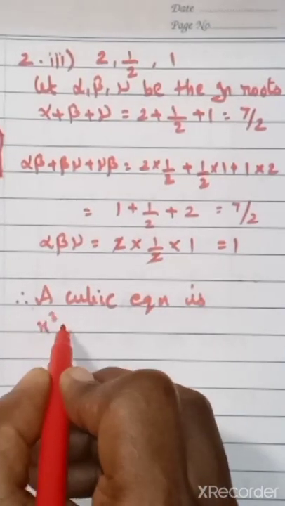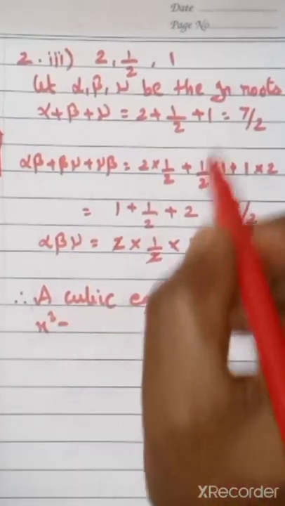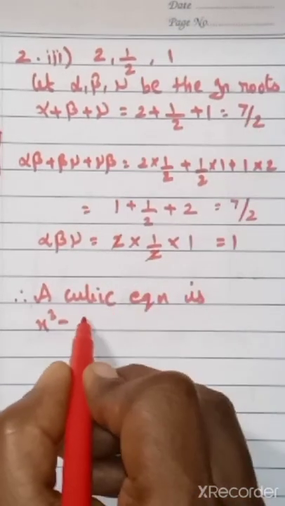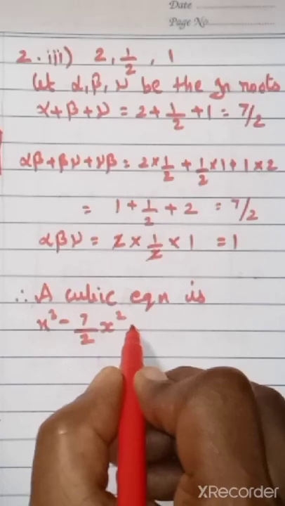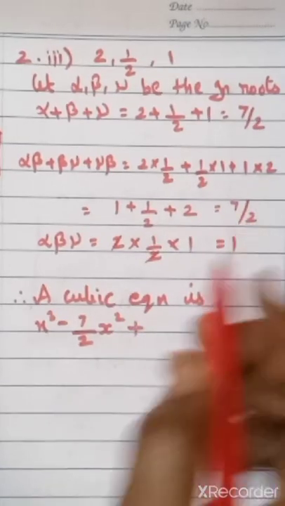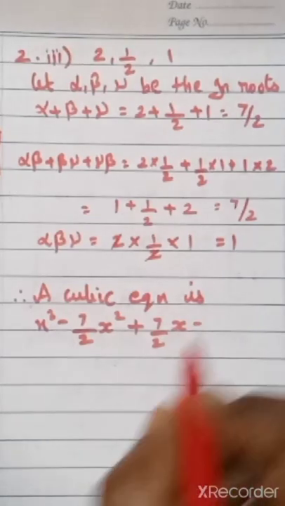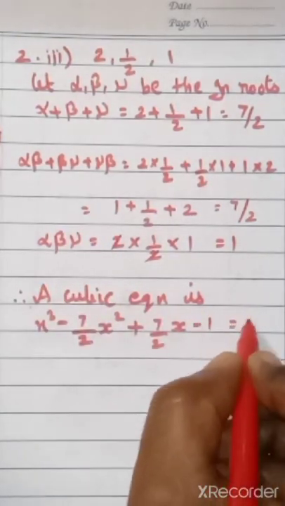Therefore, a cubic equation is, what is the format? x cube minus sum of single root into x square plus sum of double root, that is 7 by 2, into x minus product of root, which is 1, equal to 0.